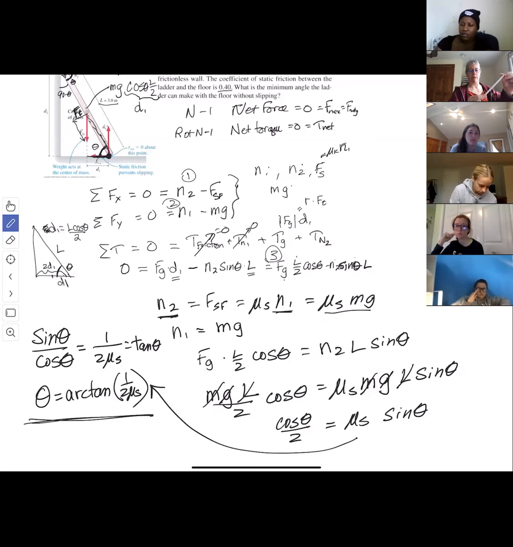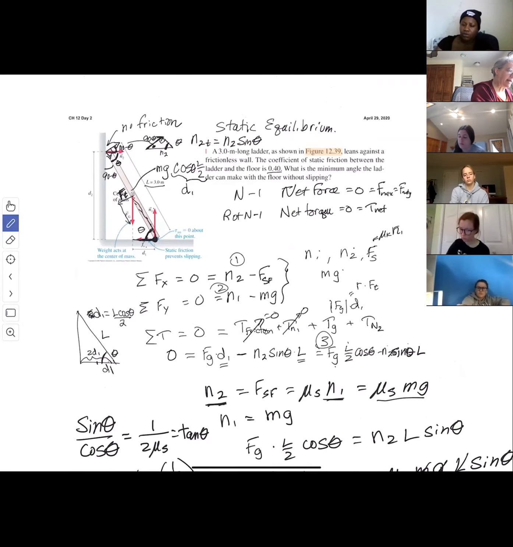Because as that angle gets smaller, that normal force gets bigger. So it seems like if this were slipperier, I would need to put the ladder up at a higher angle, not a lower angle. If that floor is slippery, I'm expecting that the ladder might slip off and fall on the floor.